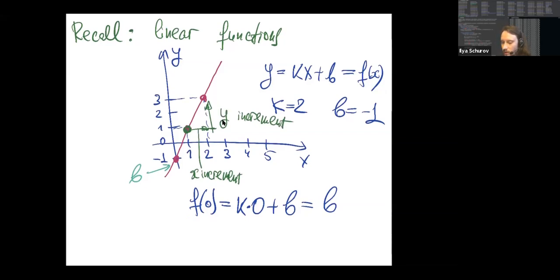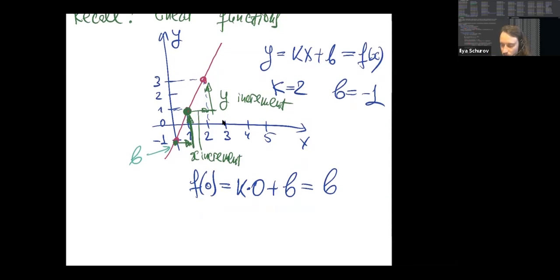And we see that if I make one step to the right, I have to make two steps to the top. So I have to increase y by 2 when I increase x by 1. And this happens at any point of this line. If I draw the same picture from this line, this is the same thing. I make one step to the right, and I make two steps up.